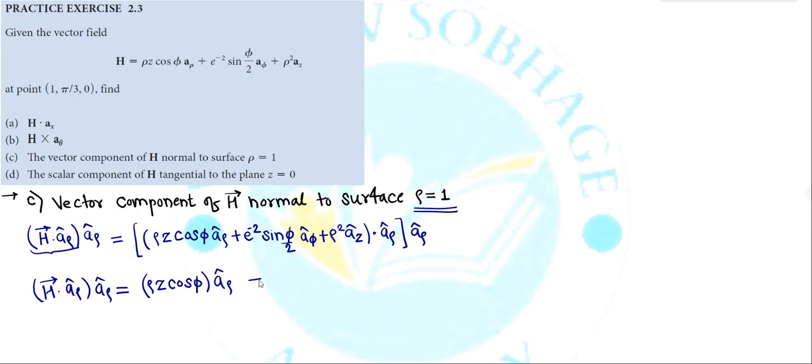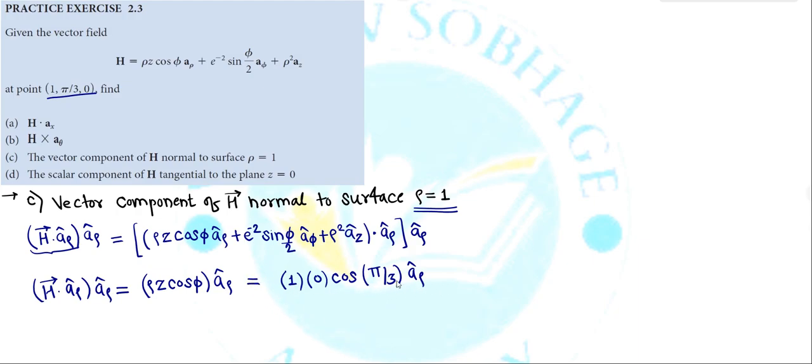Okay, now we are going to put in the values of rho, z and cos phi. So what is that rho that we have? Rho is given over here, rho is 1, then z is 0, and then cos of pi by 3, and it is along with that arrow vector. Okay, so what value are we left with?